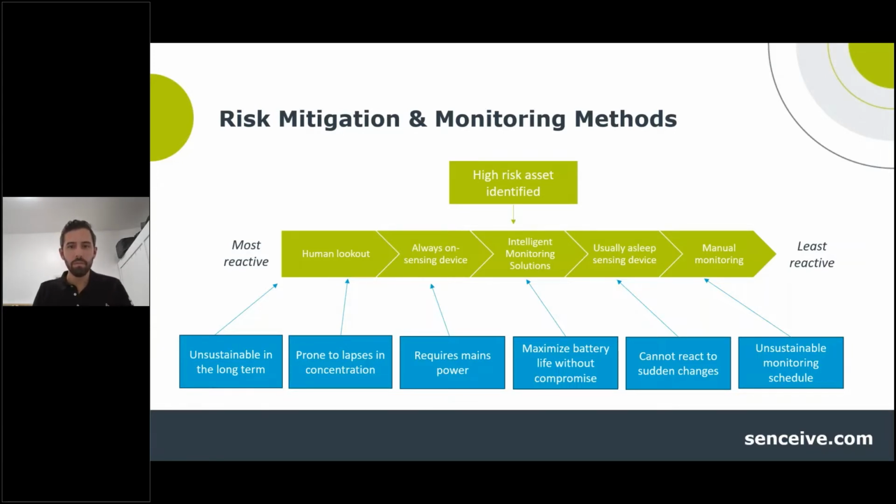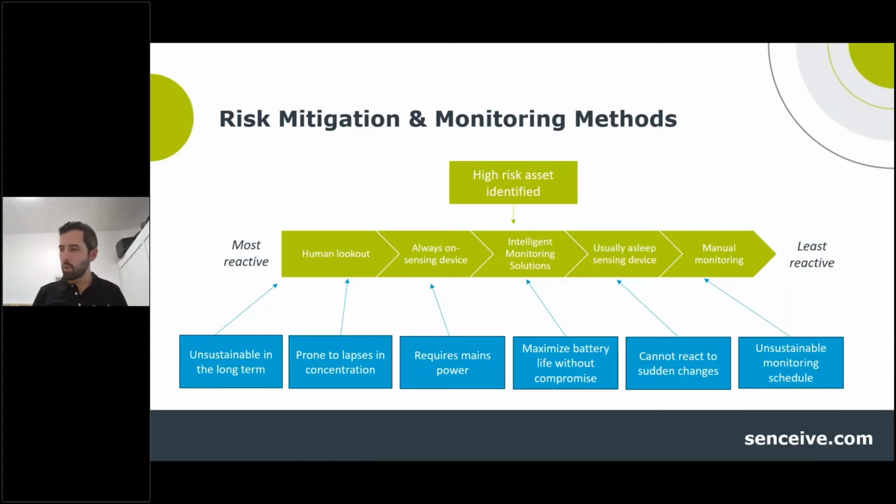And in the middle here, we have the intelligent monitoring solutions, which we can call them. These are long-term remote monitoring technology that do not compromise the effectiveness of that technology, while also having very long life, low maintenance capabilities. Next one, moving to usually asleep sensing devices.